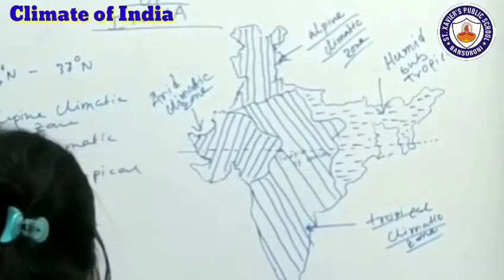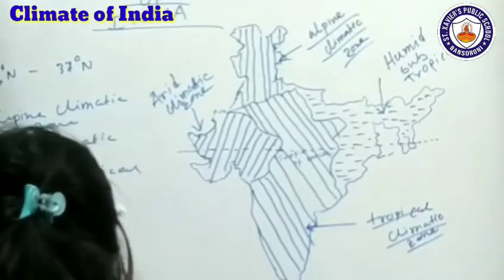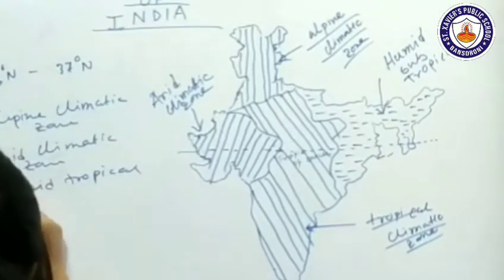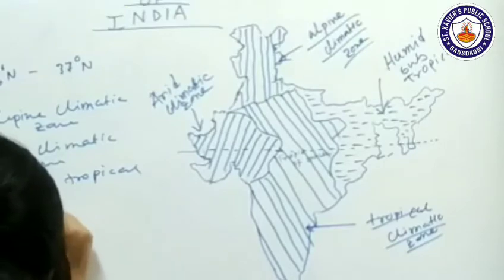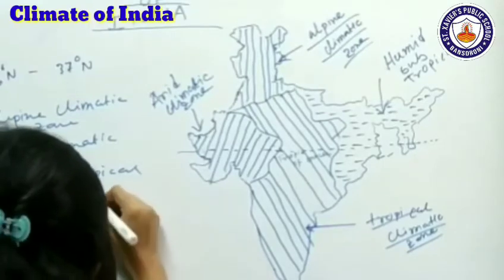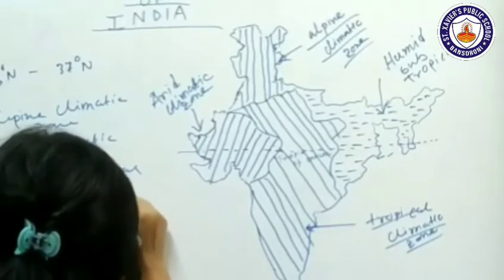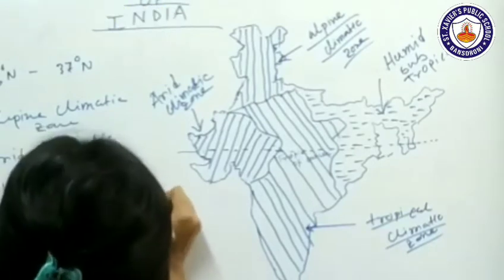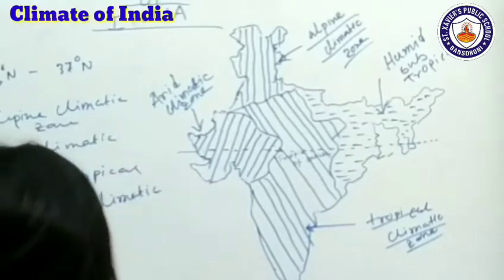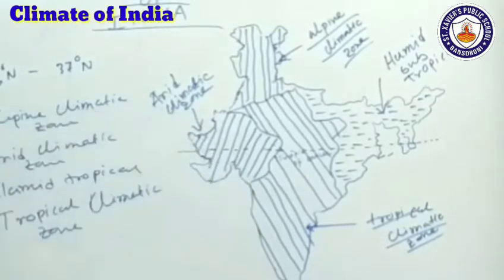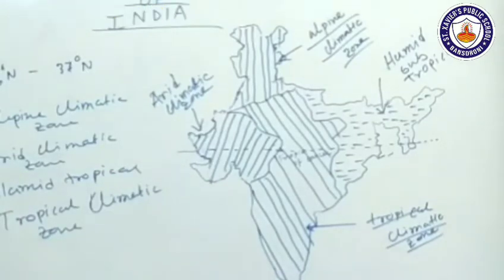And number 4 is the tropical climatic zone, which covers the southern part of the Indian subcontinent. So there are 4 major climatic zones in India.